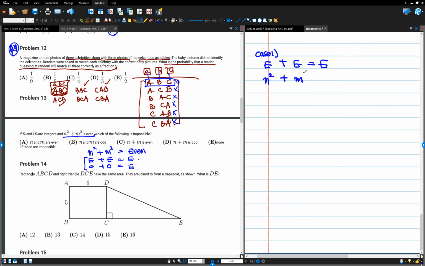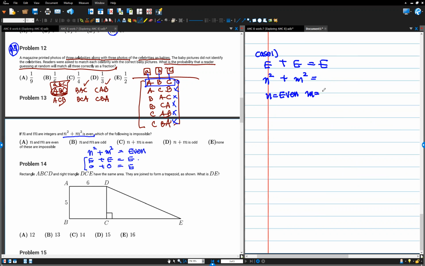This is M squared. What is N? What is M? Maybe if this is an odd number, 3 squared, is this an even number? No, 3 squared, odd squared is always odd. But in this case, 12 is even and should be even.